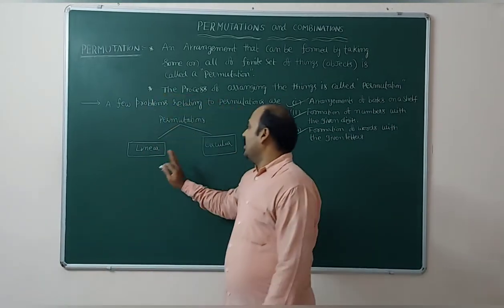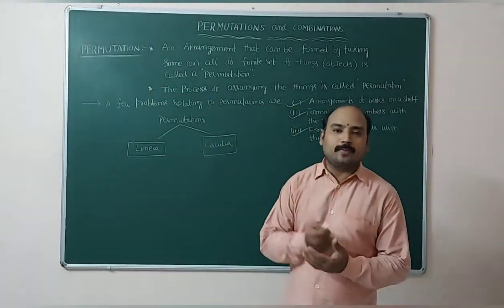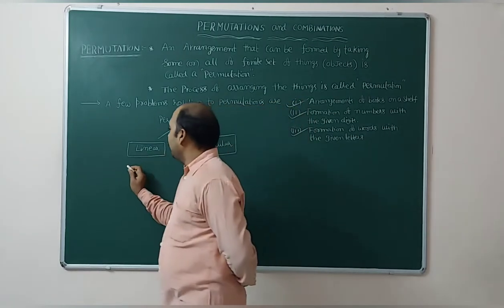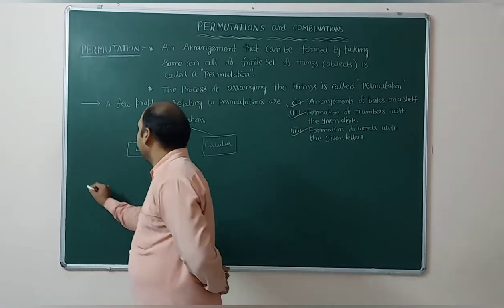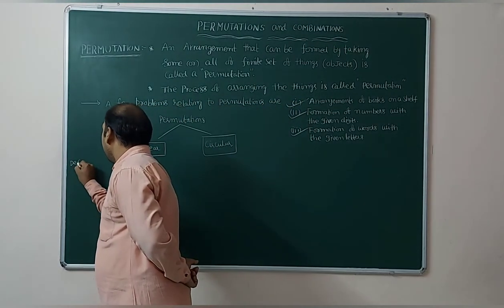Here, linear permutation and circular permutation. What is the definition of linear permutation?